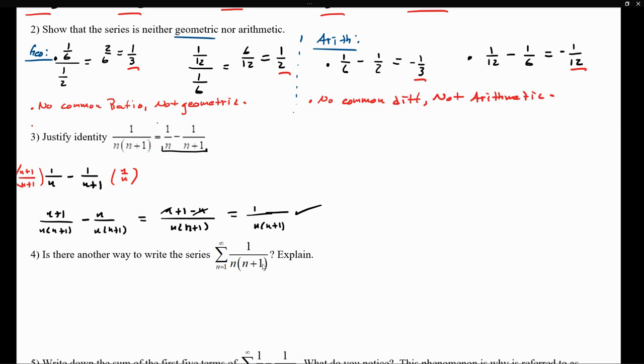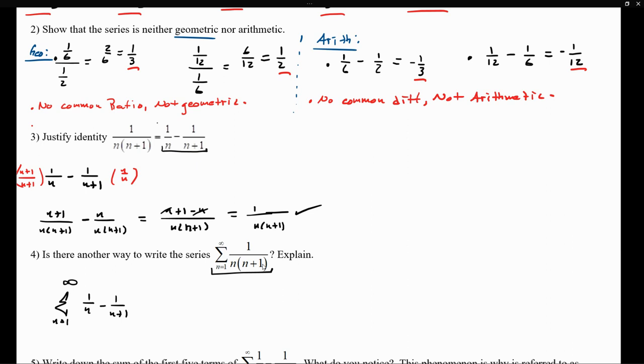So we are able to rewrite the whole series, because instead of writing it like this, I could have just written it as follows: the sum of 1 over n minus 1 over n plus 1.